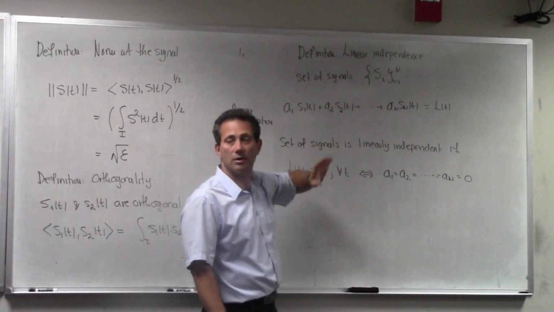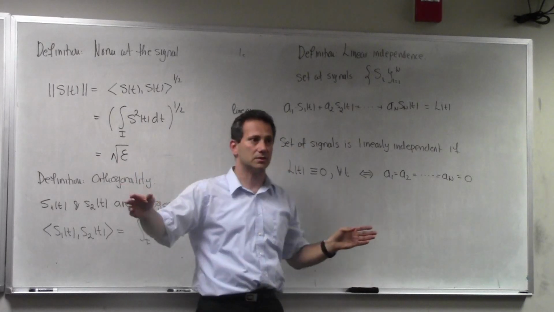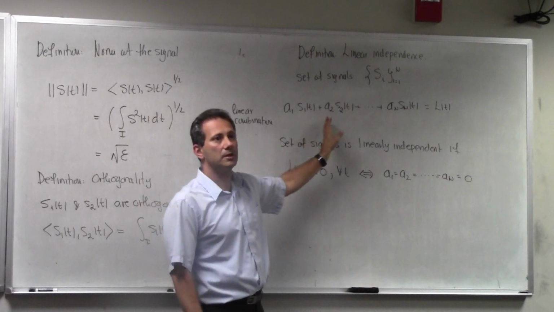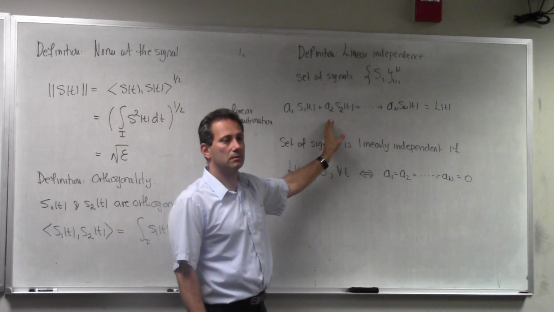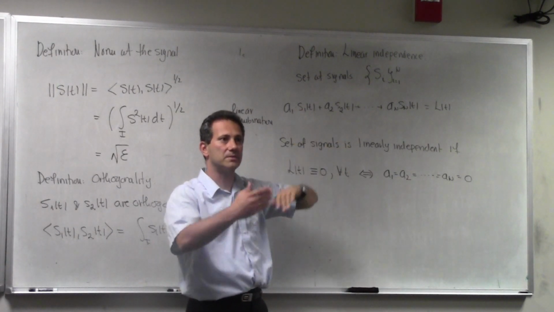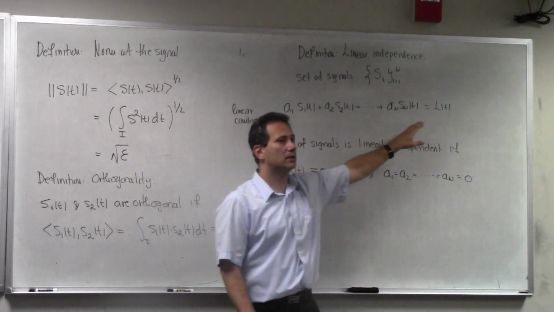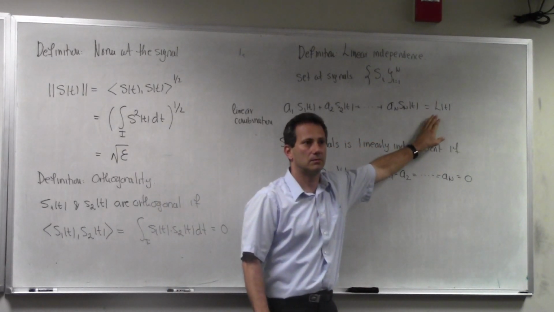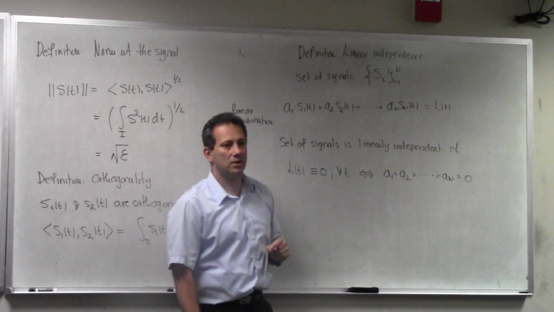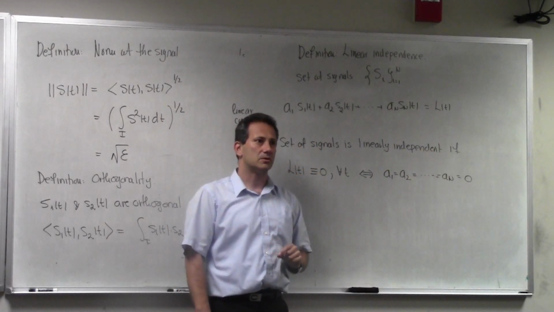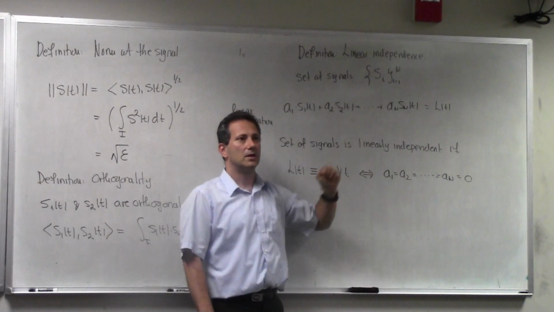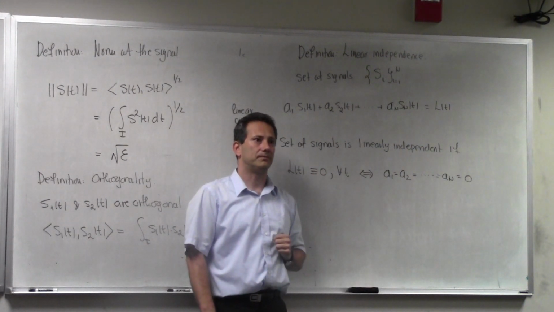So picture in your head a whole bunch of signals, and I formed a linear combination. Like the previous was 3 signals, S1, S2, and S3, and I mix them somehow. And however I mix them, I'm going to get a new signal, right? So my question here is, can I mix them so that this new signal is identically equal to 0?